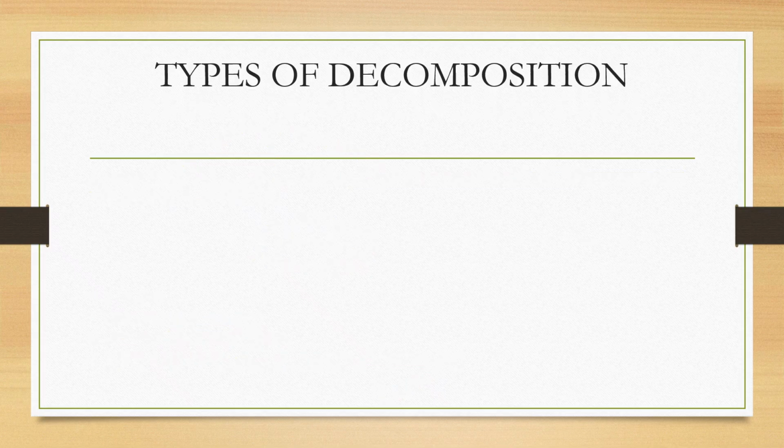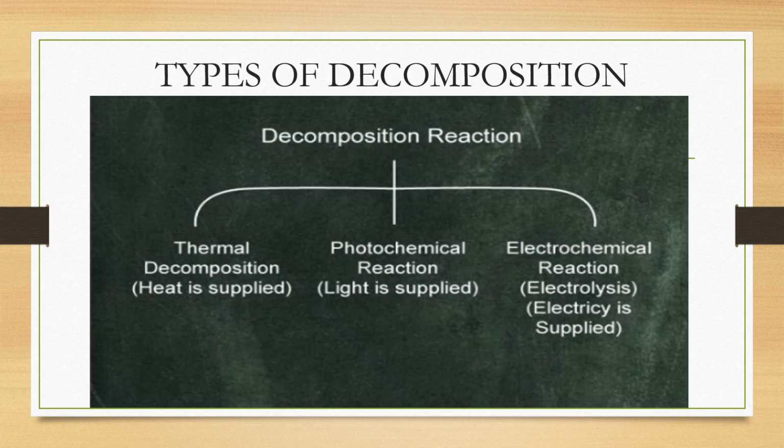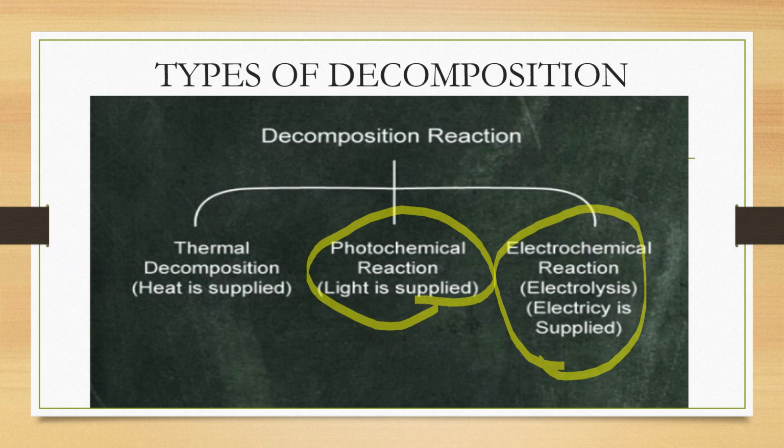Now, we will be studying the types of decomposition reaction. There are three types: thermal decomposition reaction, photolytic decomposition reaction, also known as photochemical reaction, and electrochemical reaction, which is also known as electrolysis. As you all know, the meaning of thermal is related to heat only. So when we supply heat to a substance and it dissociates, it is known as thermal decomposition.